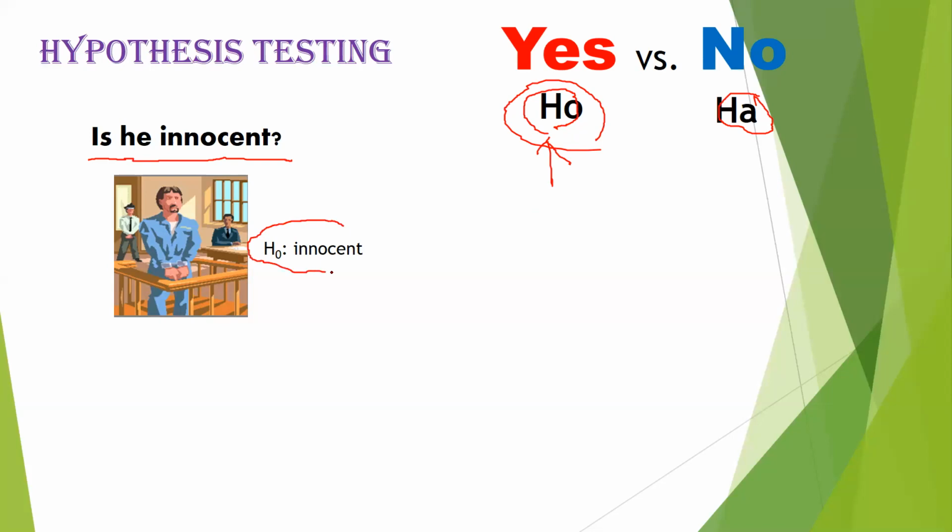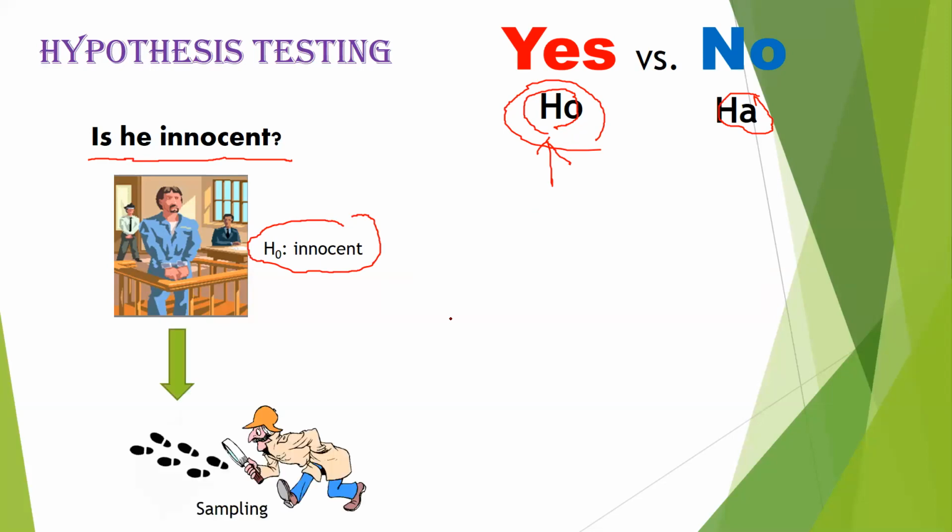We start from here. Based on this null hypothesis, by assuming the null hypothesis is true, we collect data. This is sampling. If the null hypothesis is true, if he is innocent, we collect the data based on this hypothesis, and then we test this data against this hypothesis.